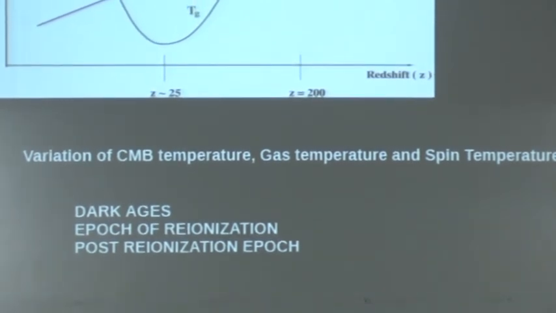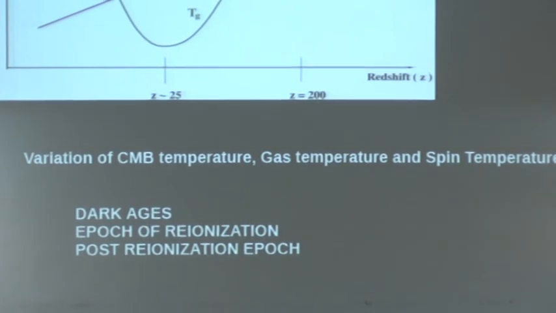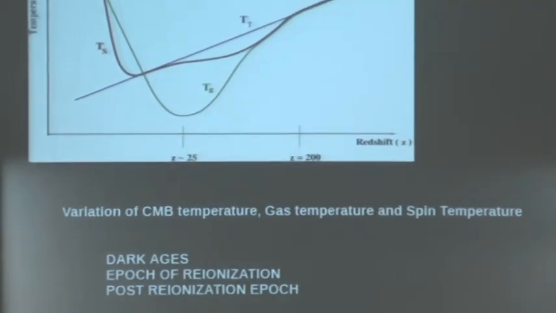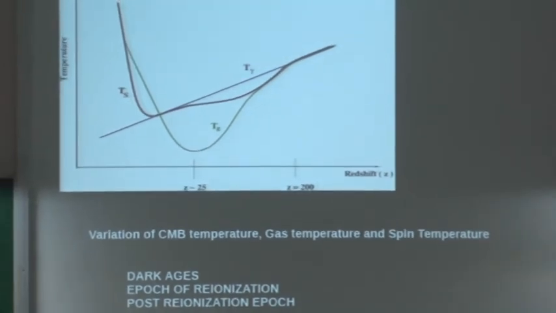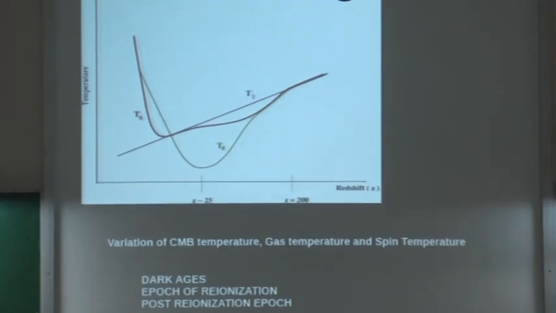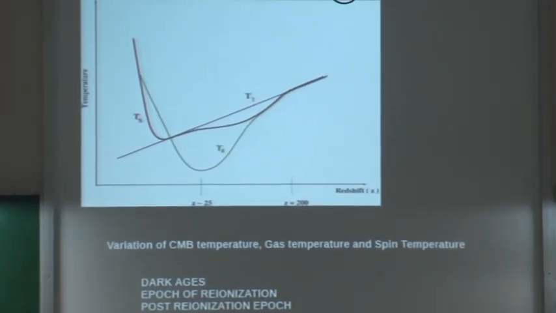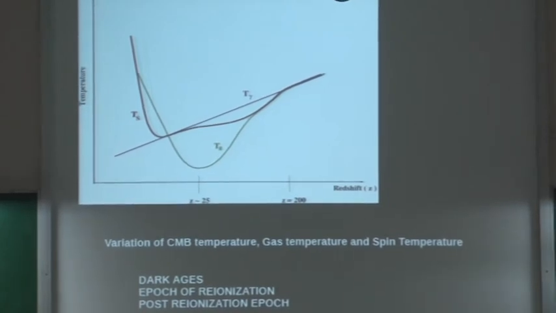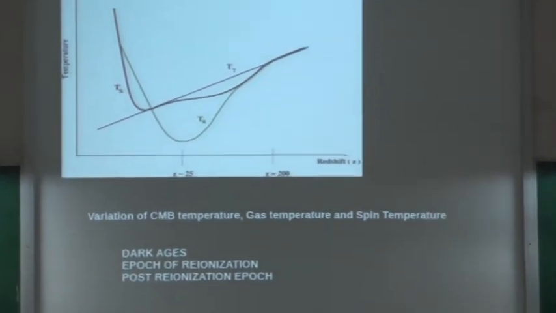And epoch of reionization is when around redshift 20, first luminous structures started forming and the universe started to get reionized. By redshift 6, the process of reionization was believed to be complete, and what we have now is a post-reionization epoch where neutral gas is contained in small clumps of self-shielded gas clouds.